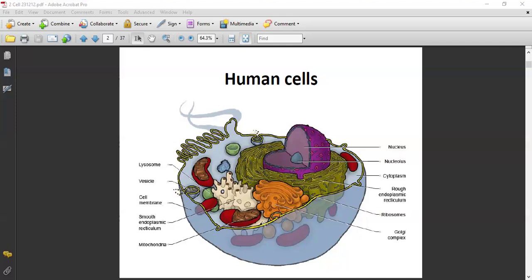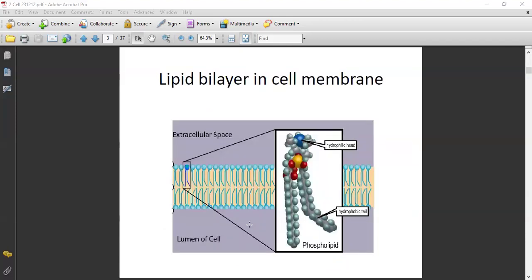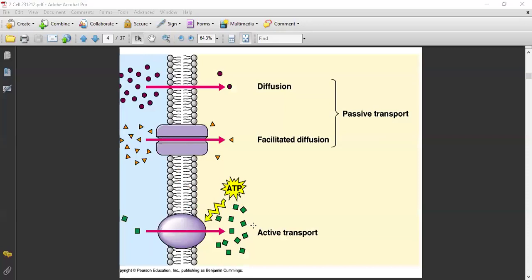What kind of protein will be anchored on the membrane? There are several proteins that can be anchored on the membrane, but in terms of molecule transportation, the key proteins anchored on the membrane are transport proteins, or membrane transport proteins. So here are two types of membrane transport protein. One is just ion channel.